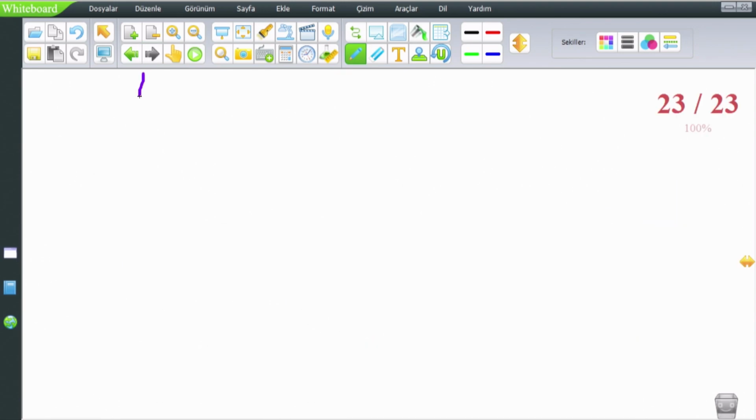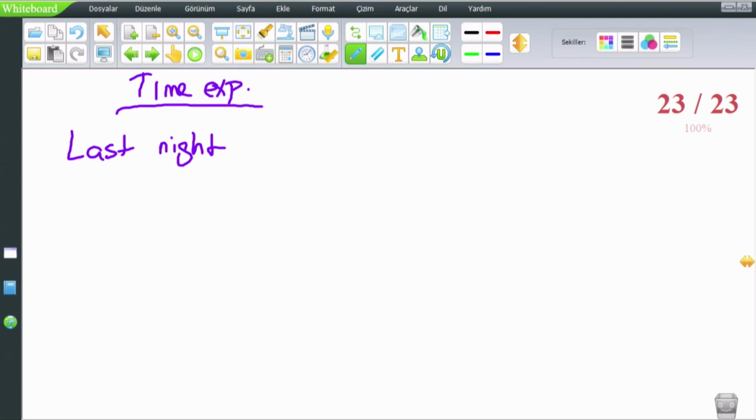Let's have a look at time expressions. And then we will continue with verb 2 sentence examples. Let's start with, for example, last night, or last week, last Tuesday, last month, last year, last summer.